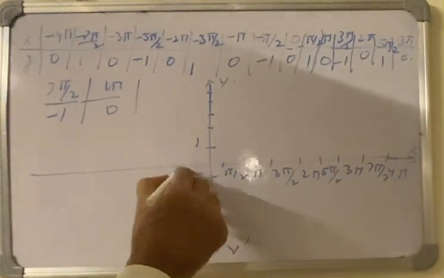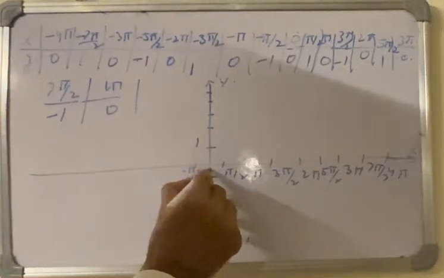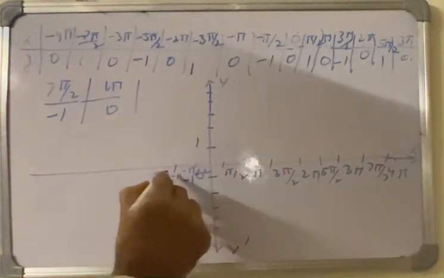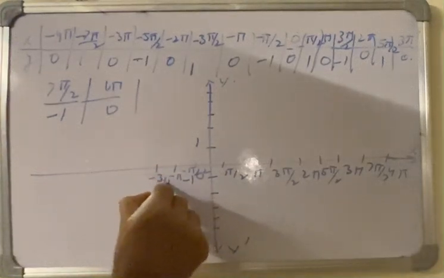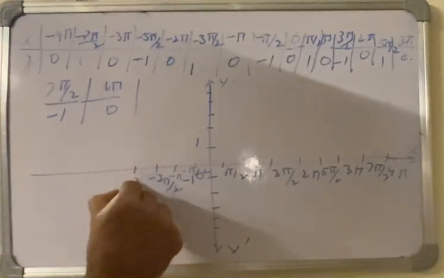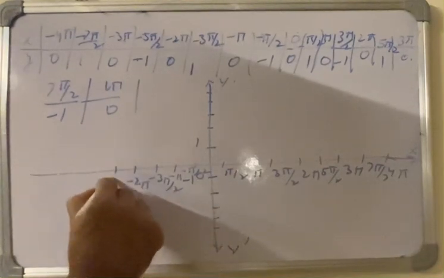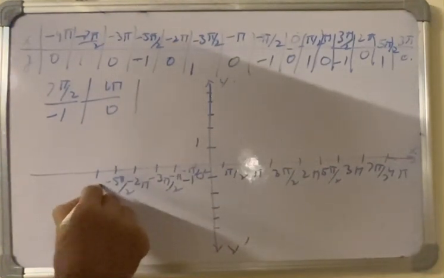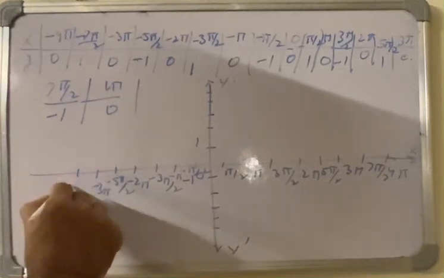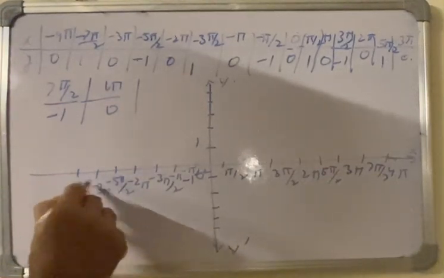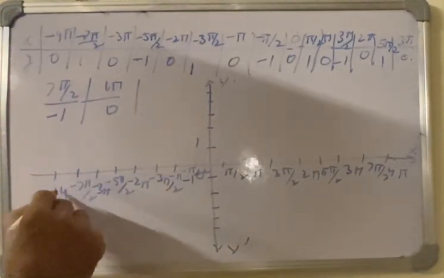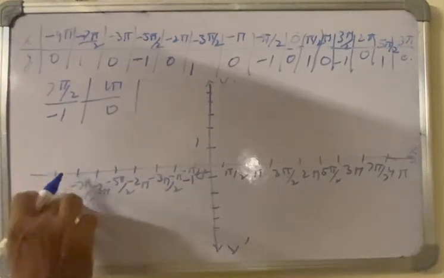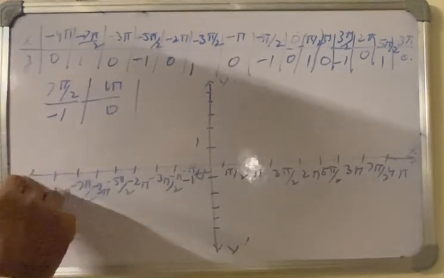Similarly on this side, minus pi by 2, minus pi, minus 3 pi by 2, minus 2 pi, minus 5 pi by 2, minus 3 pi, minus 7 pi by 2, minus 4 pi. It is x dash.